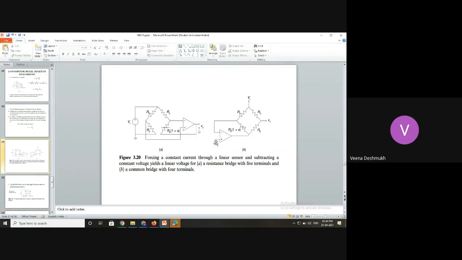Because of that virtual ground concept, this positive terminal and this are at the same ground potential. So when you use this, the parallel path comes into the picture, and this network forms the input resistor. This resistance forms the input resistance, and this is how you sense the final output voltage of the bridge, where the ratio arms again are maintained at 1, and any variation in this is depicted in the output.